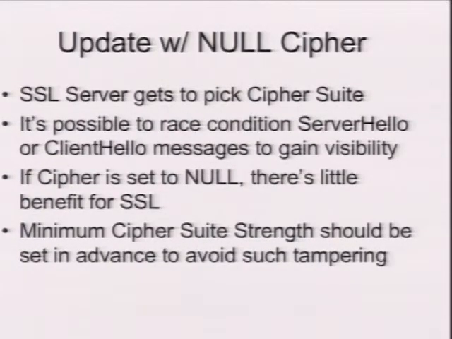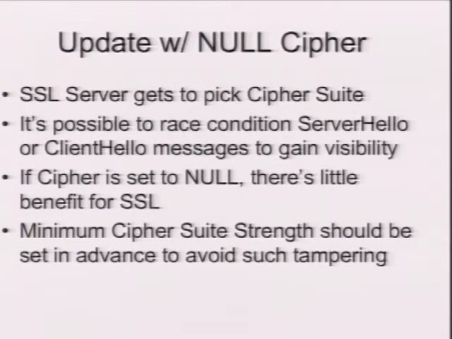Another attack that Tomer and I came up with, which is a little on the theoretical side, is that we saw there is no minimum for the cipher suite strength in SSL. I mean, browsers do support some sort of minimum set for SSL, but this application will agree to anything, and it will also agree to a null cipher.